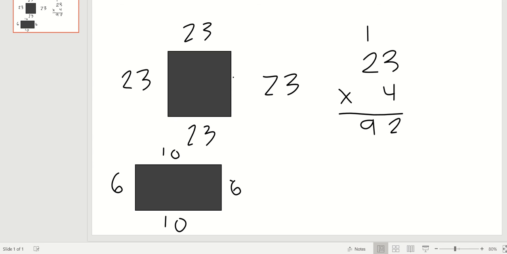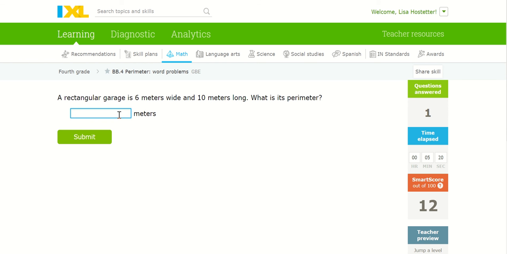So I could do this in my brain. I could add 10 plus 6 is 16, 16 plus 16. Or I can do some multiplication. 16 times 2 should be 32. 32 meters.